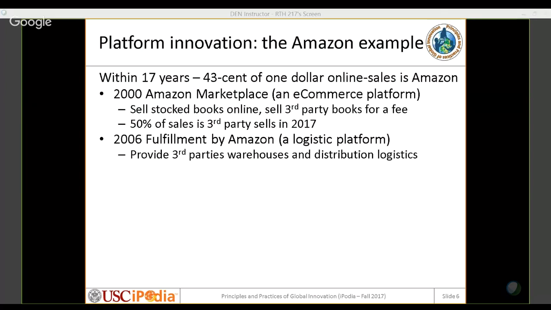So this is just the beginning. About 6 years later, Amazon started to become a distribution platform, a logistics platform. In 2006, they started something called Fulfillment by Amazon. Now, you and me as end customers probably do not realize this, but this has become a huge success for a lot of vendors.